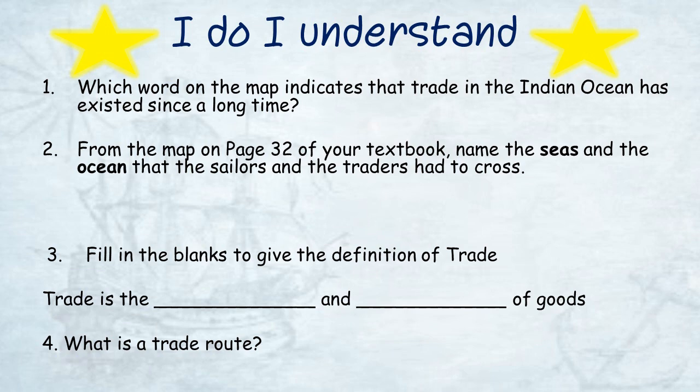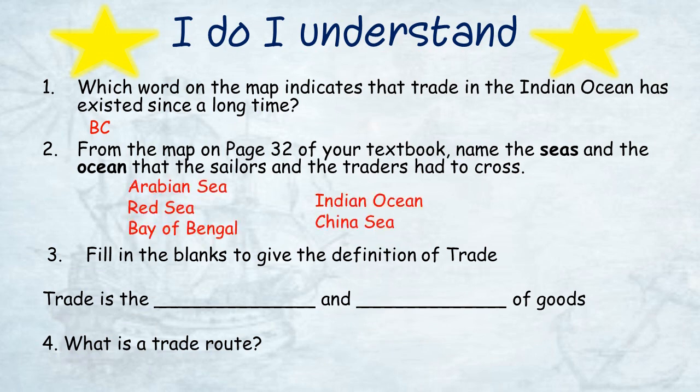So, the answer to question 1 is BC. Seas and oceans are Arabian Sea, Red Sea, Bay of Bengal, Indian Ocean, and China Sea.